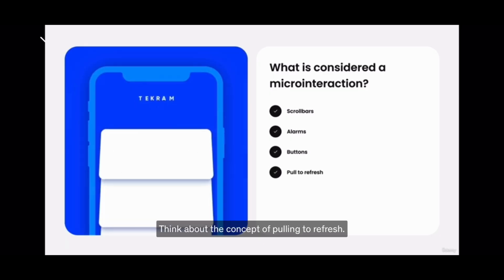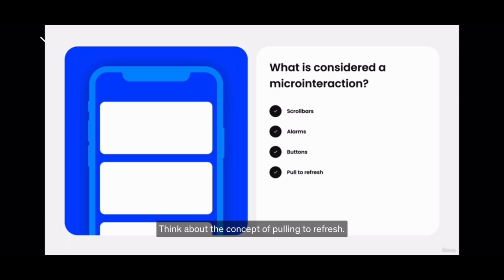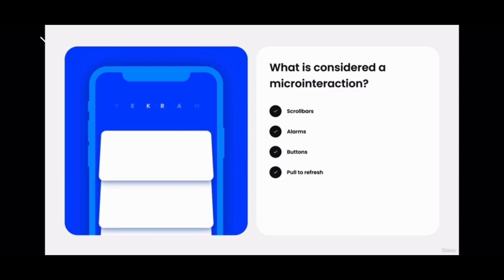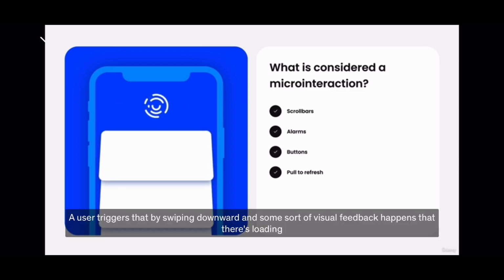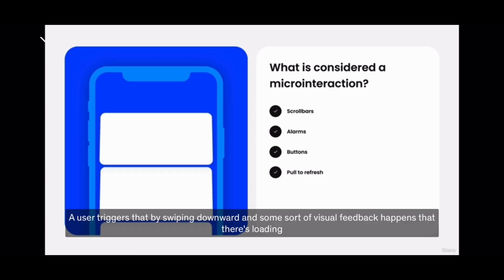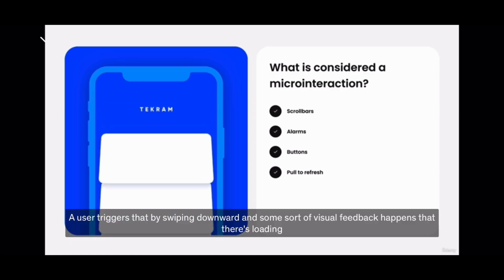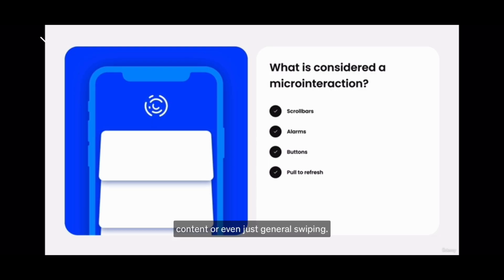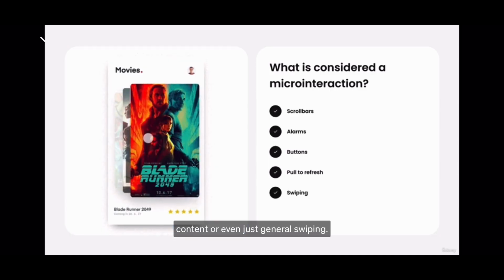Think about the concept of pull to refresh. A user triggers that by swiping downward and some sort of visual feedback happens, that there's loading content, or even just general swiping.